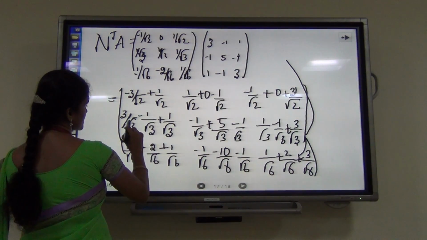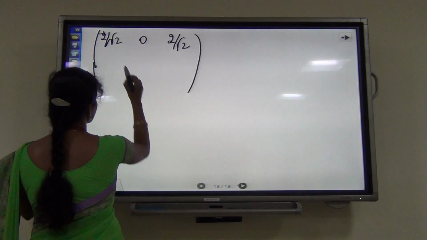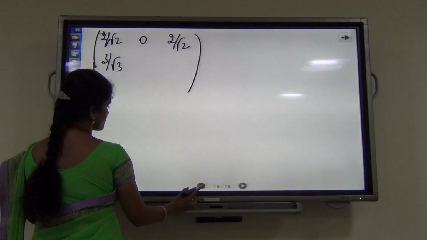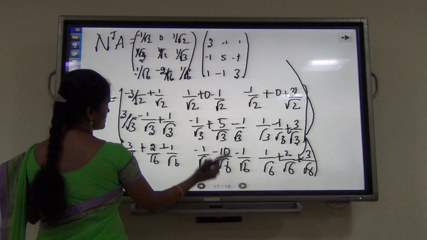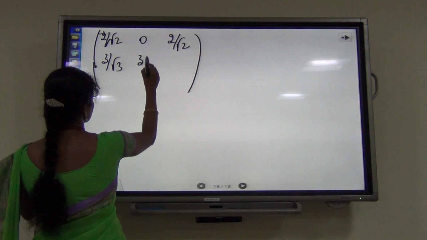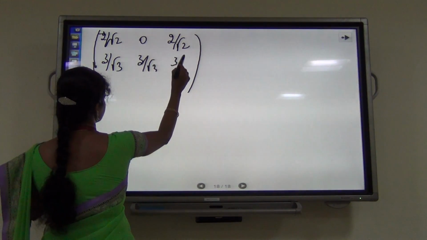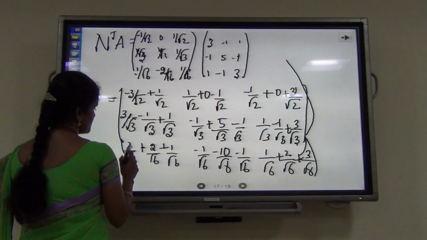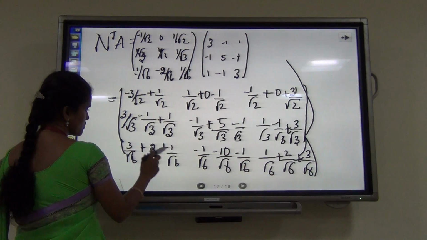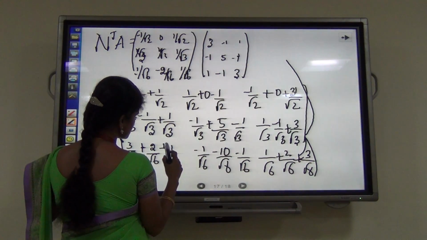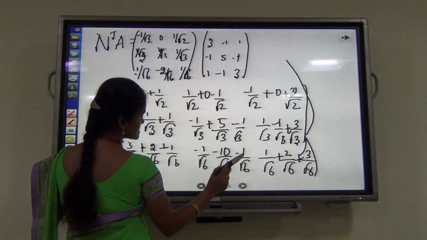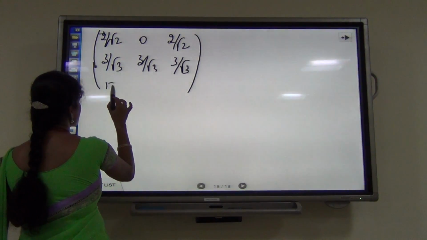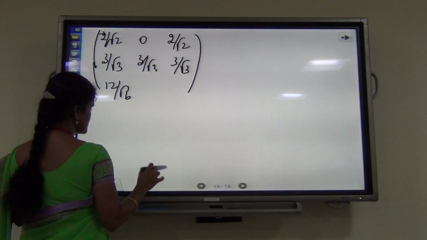Minus 1 plus 1 gets cancelled, so you just get 3 by root 3. Here again it is 3 by root 3, here again 3 by root 3. Last row: 3 plus 2, 5. Since the denominator is the same, 6 by root 6, 12 by root 6 and 6 by root 6.